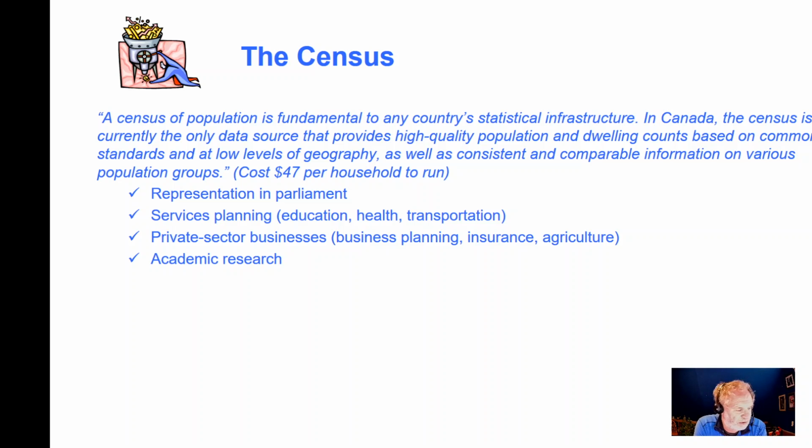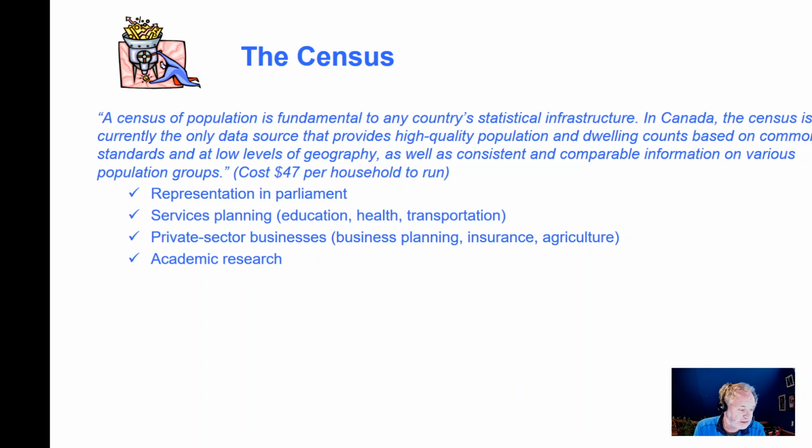There was one in 2016, and I guess every 5 years there'll be one in 2021. How is the census used? It's used to set electoral boundaries to ensure that we have appropriate representation across the different regions of the country. It's used for service planning, so for infrastructure, education, health, transportation.